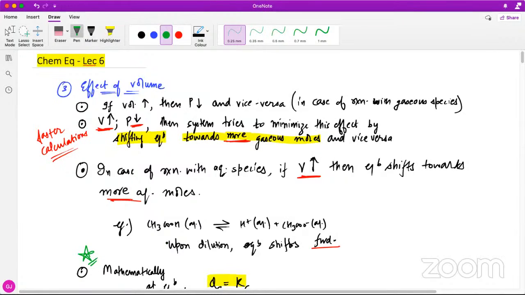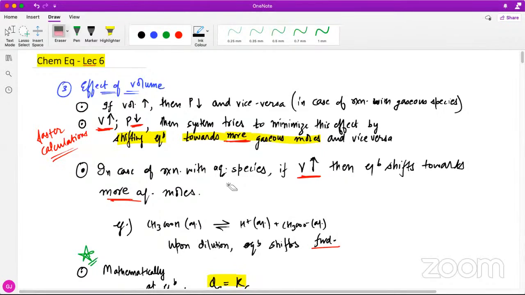Like we did in the last class as well. So what do you mean by increasing volume here? What do you do to increase the volume? Decreasing the pressure. Okay. And in case of the gaseous reaction, you increase the volume of the vessel.